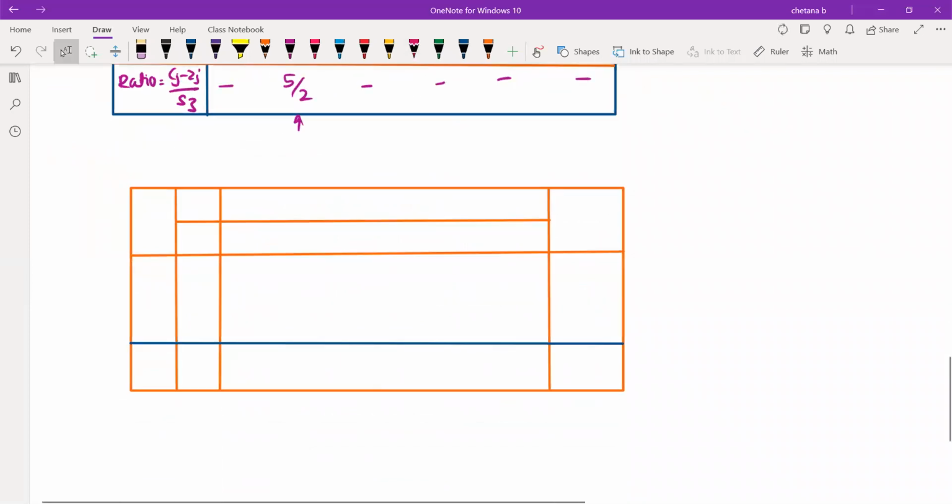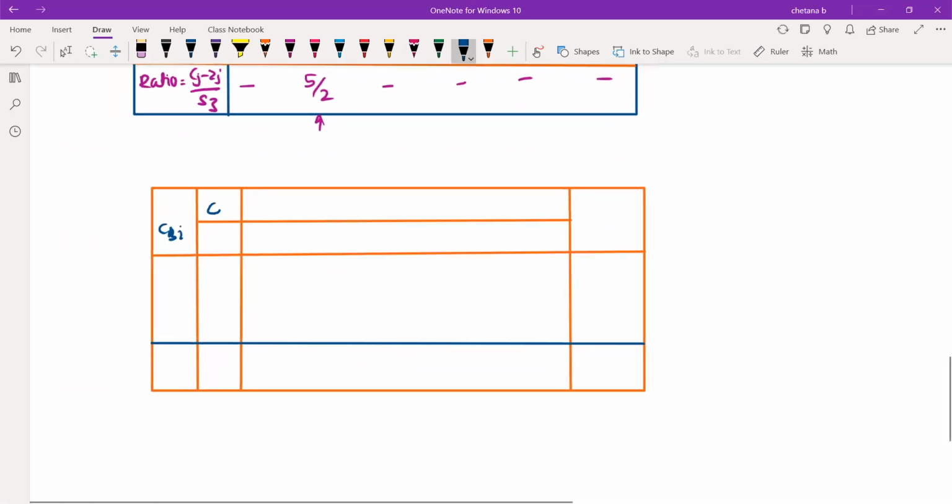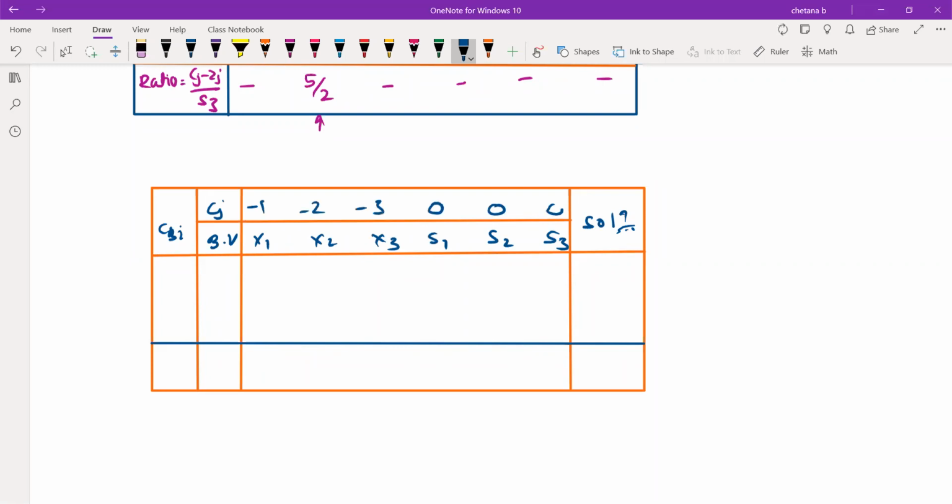Again, I think this would be the last iteration. So CBI, CJ, BV, x1, x2, x3, s1, s2, s3, solution, and -1, -2, -3, 0, 0 and 0.